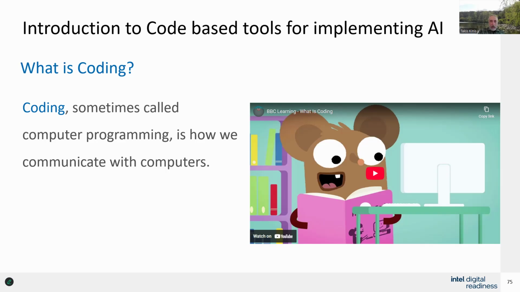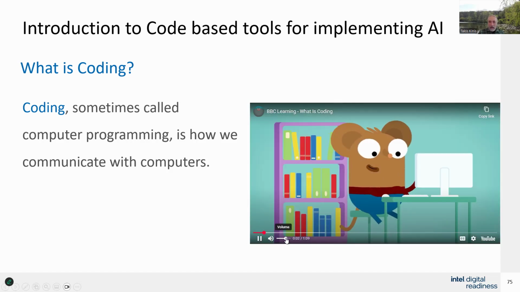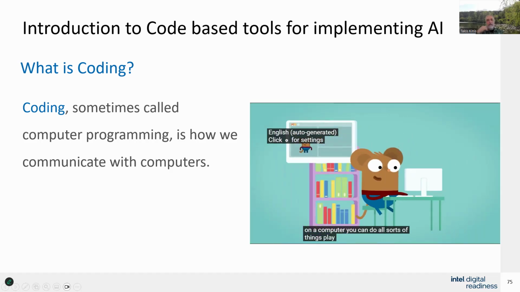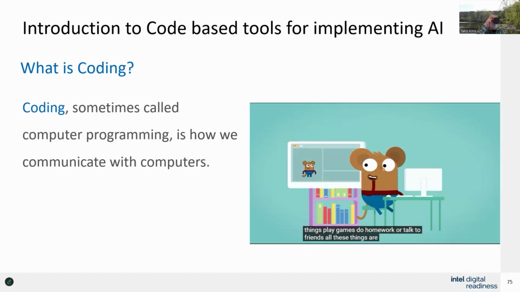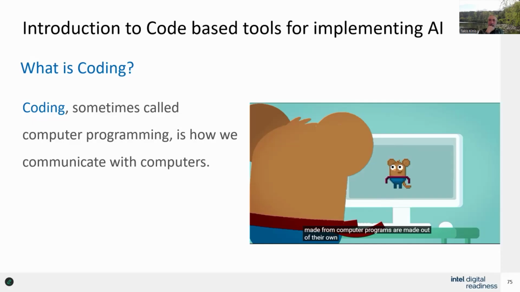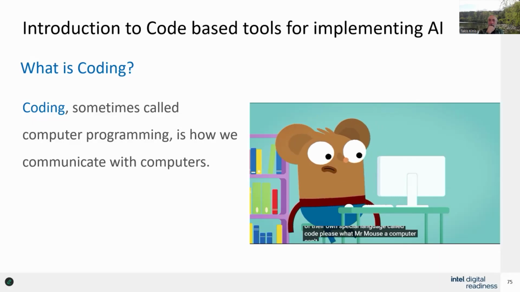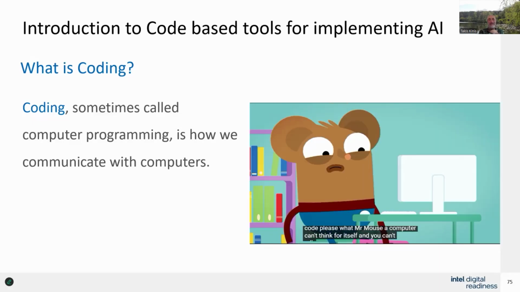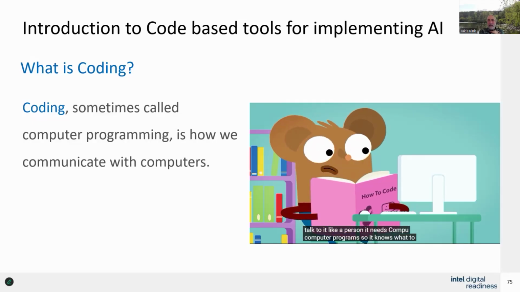Computer programming. On a computer, you can do all sorts of things: play games, do homework, or talk to friends. All these things are done using computer programs. But what are programs made from? Computer programs are made out of their own special language called code. A computer can't think for itself, and you can't talk to it like a person. It needs computer programs so it knows what to do.